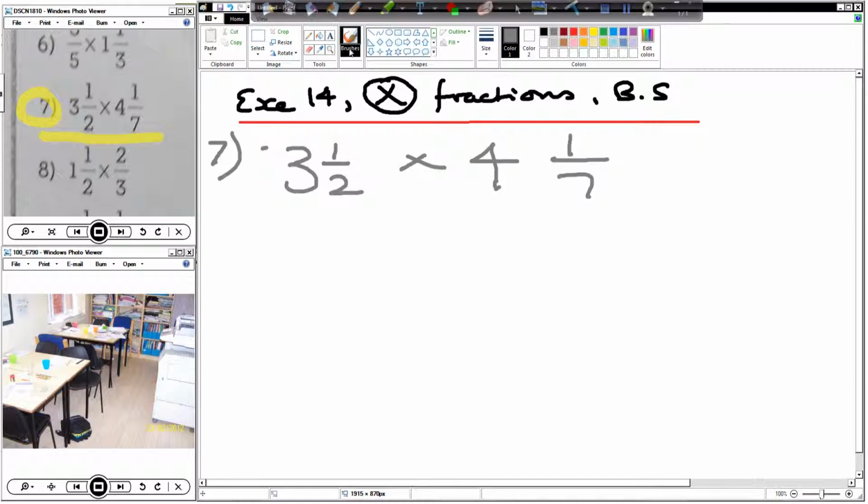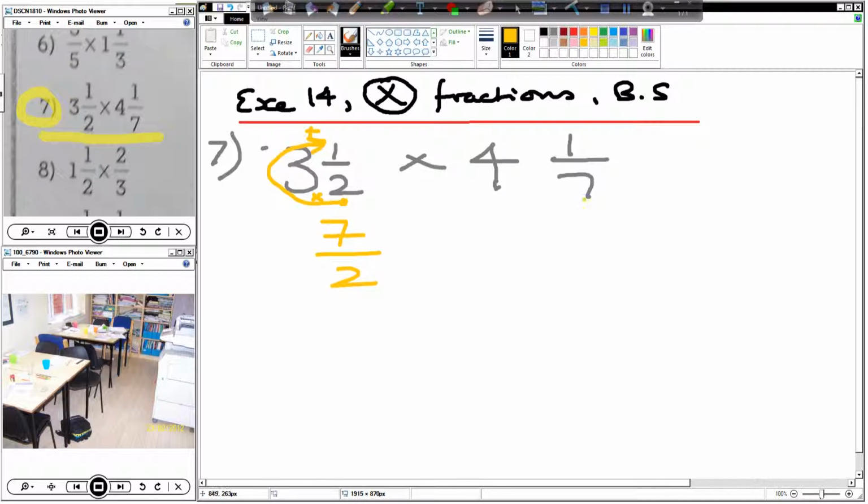We said that we have to change all mixed fractions into top heavy, so we've got two mixed fractions. We start over here and we go around and we do 2 times by 3 and then add 1. 2 times by 3 is 6, add 1 is 7, so that gives you 7 over 2.